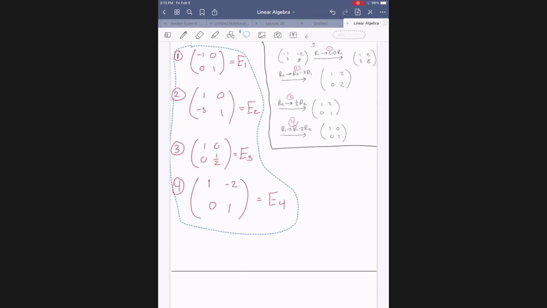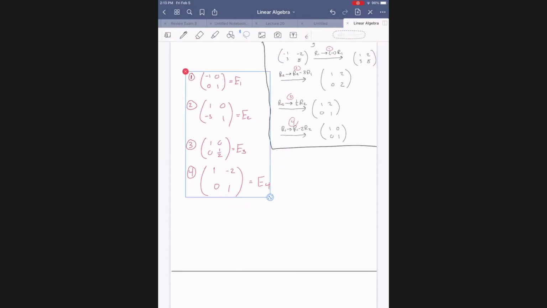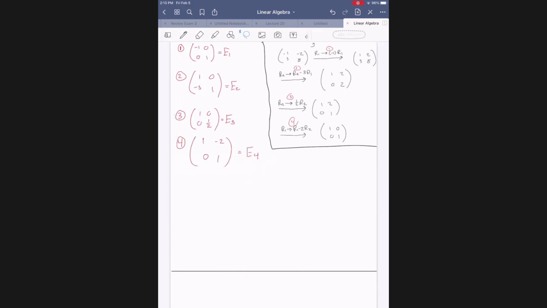So now let's look at how we can write this as a product. Let me resize it a little and put it right here. Okay, so now look. Take A, whatever A was, multiply by E1, E2, E3, and E4. And what did this give me, by the way?